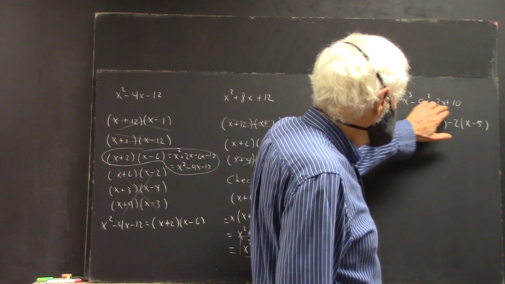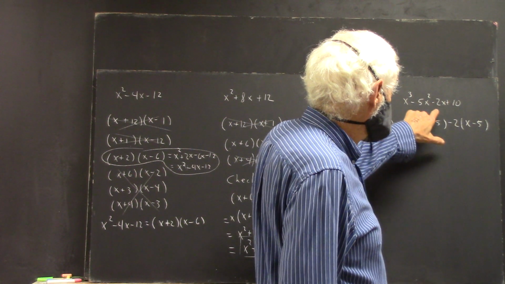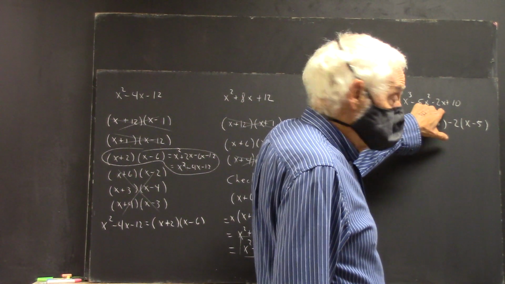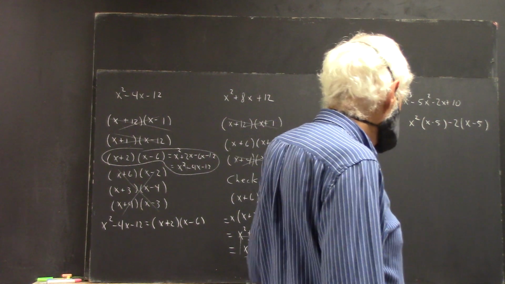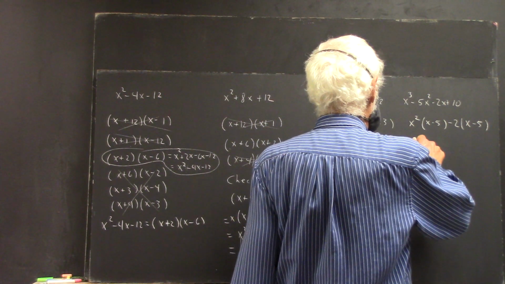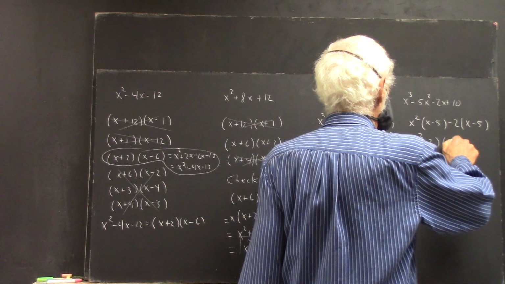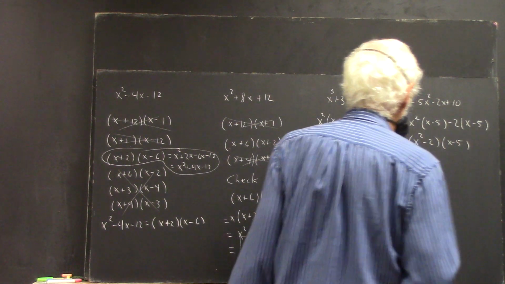Factor just 2 out of negative 2x plus 10, I get a negative x plus 5. But if I factor out a negative 2, I get my x minus 5. So one way or another, you've got to see that. In any case, this is x squared minus 2 times x minus 5.